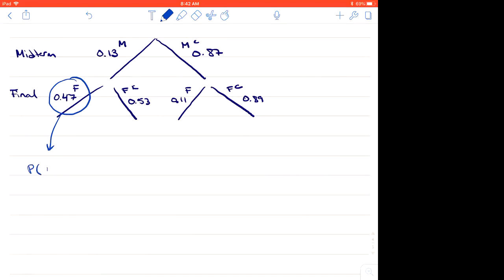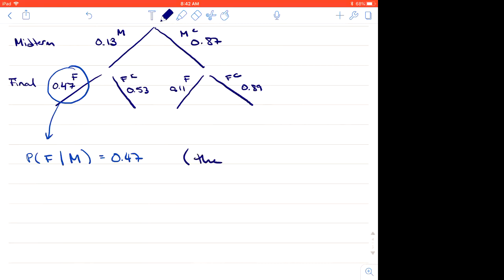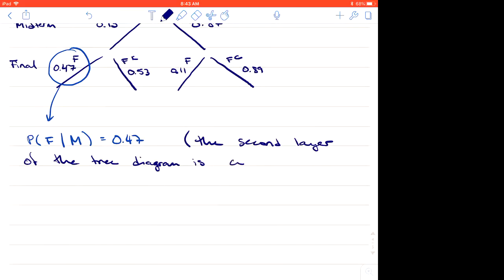The probability of getting an A on the final, given an A on the midterm, we're told is 0.47. Showing that the second layer of the tree diagram is conditional probabilities.